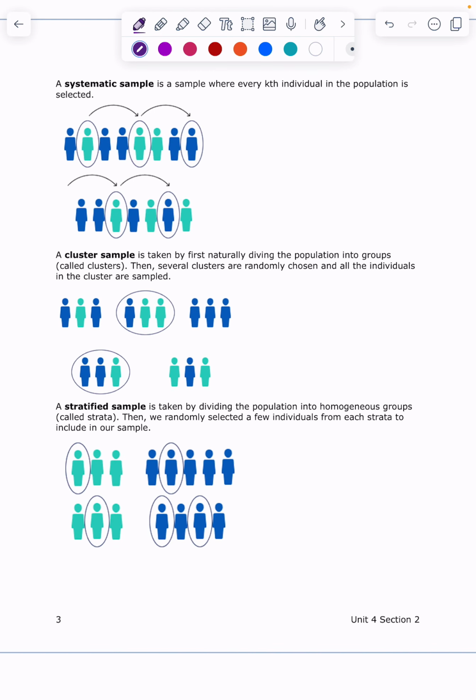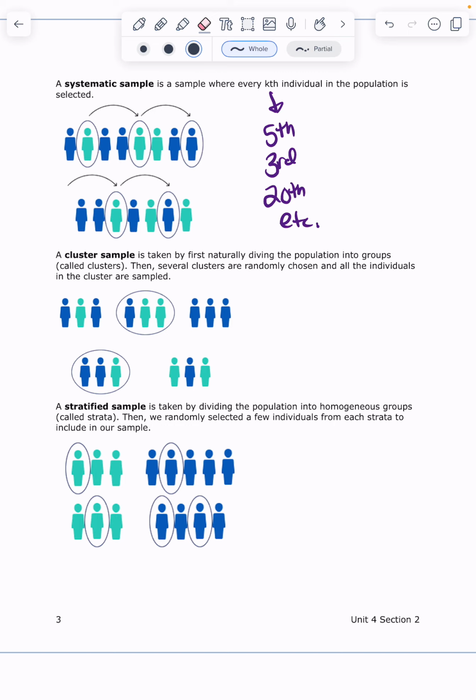Systematic is a sample where every kth individual in the population is selected. So every kth could be like every 5th, every 3rd, every 20th, etc. So you're just systematically saying, all right, 1, 2, 3, 4, 5, you're in my sample, then 1, 2, 3, 4, 5, you're in my sample. Every whatever amount you choose, it's systematic. You're going to be consistent with that so that everybody has an equal chance of being selected.